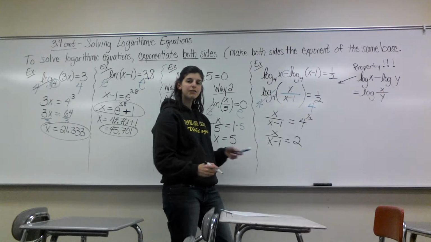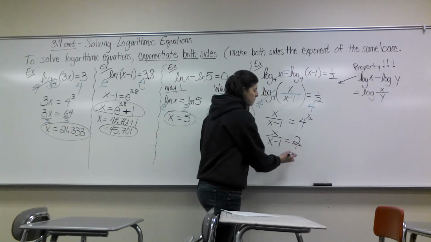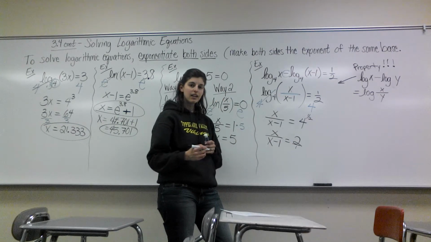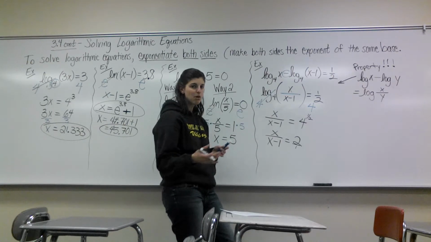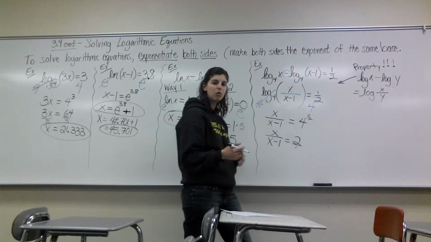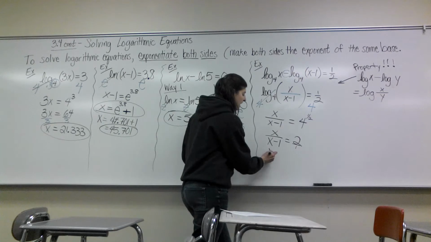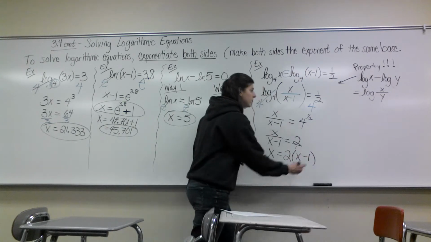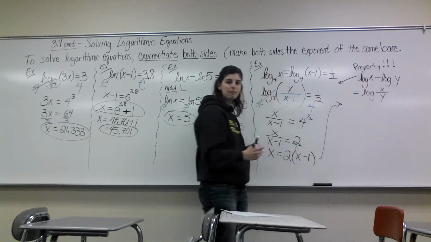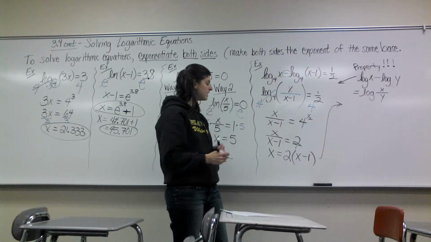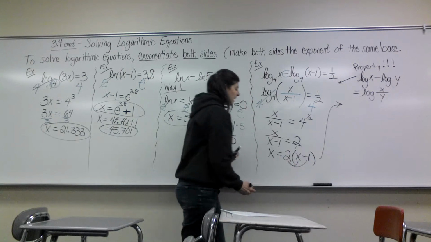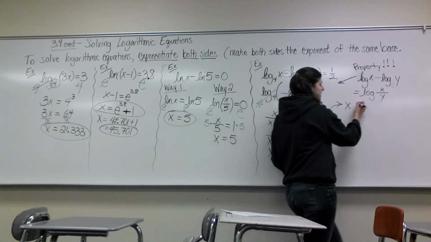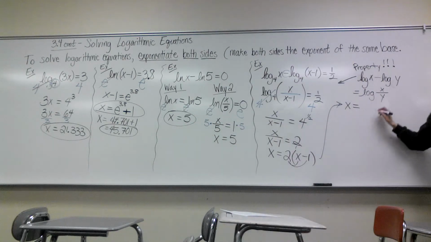To solve this for x, it's a little more obvious to people if I put it as 2 over 1. You can cross multiply. Multiply both sides by x minus 1, in other words. So x equals 2 times the quantity x minus 1. Okay, distribute the 2, and that gives me x equals 2x minus 2.